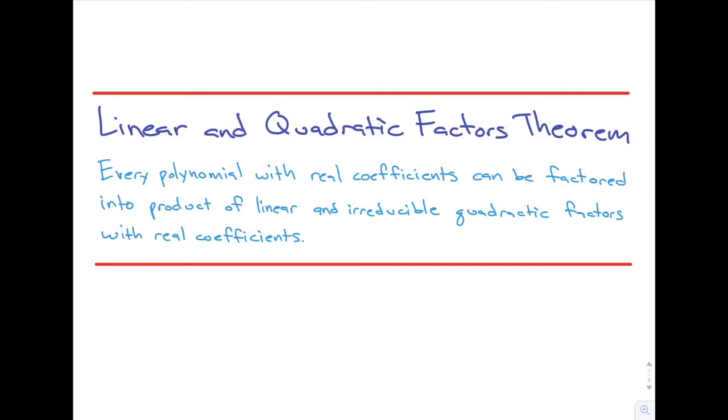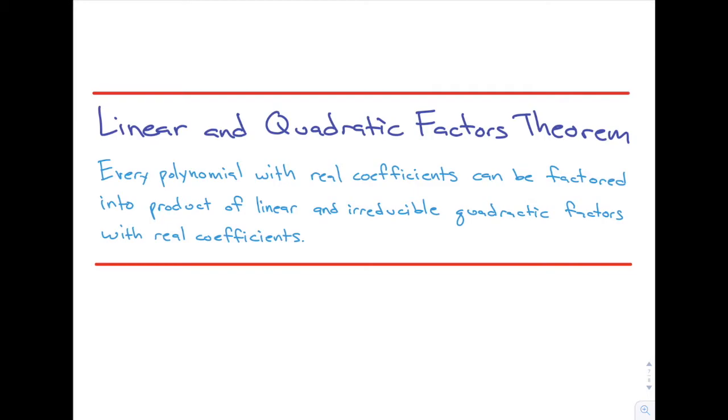So in this video, we looked at the linear and quadratic factors theorem, the complex zeros theorem, and the zeros theorem. The zeros theorem says that every polynomial of degree n greater than or equal to 1 has exactly n zeros, provided that you're counting multiplicity.